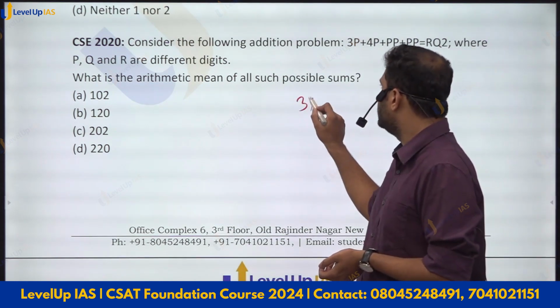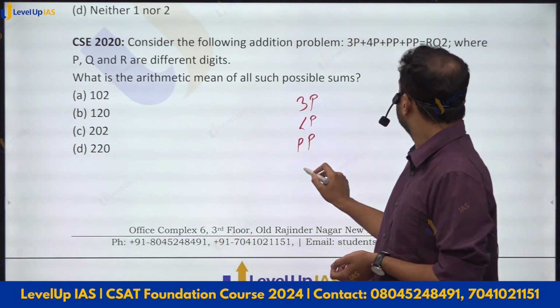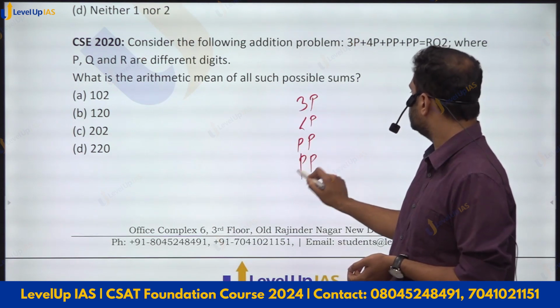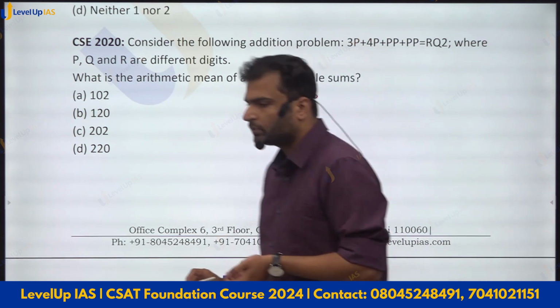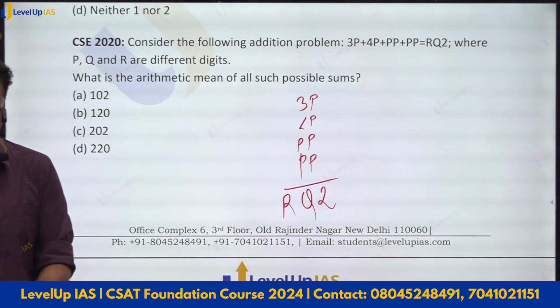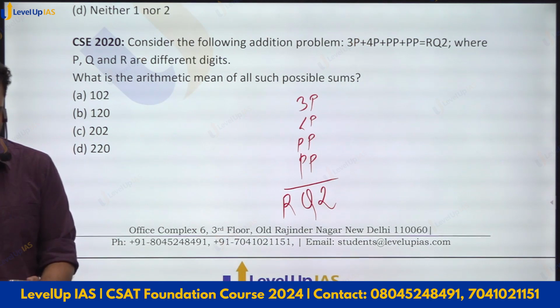So we have 3P, 4P, PP and PP as RQ2. Let me check if we have the correct question or not.